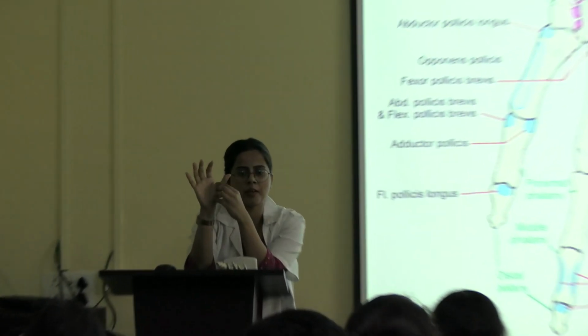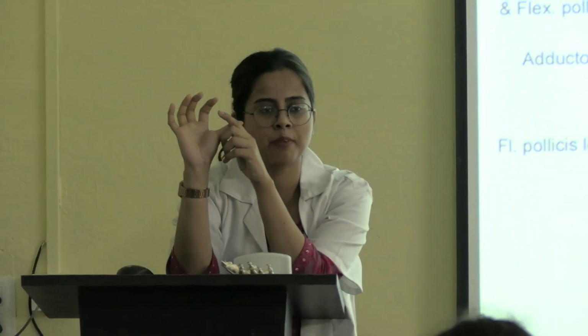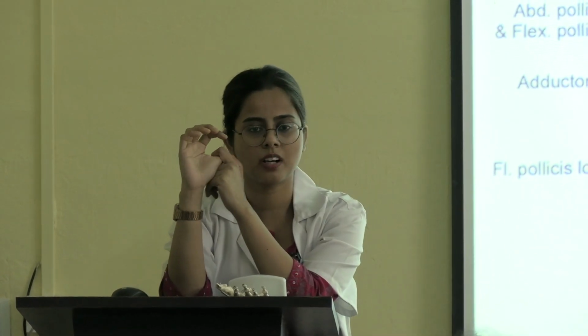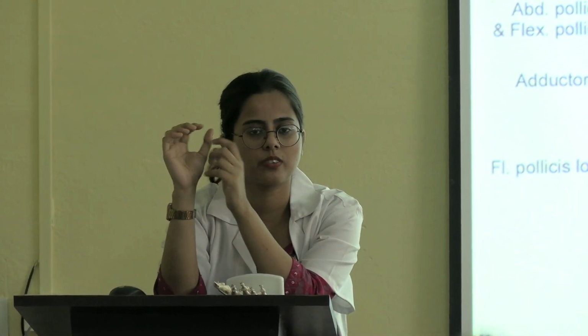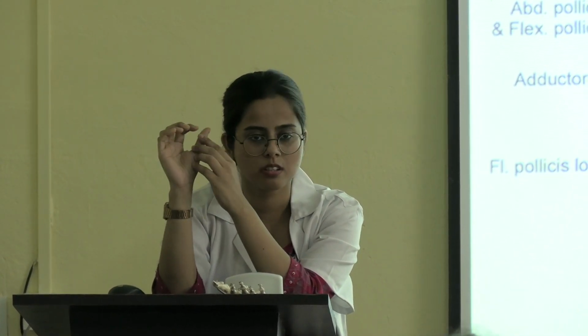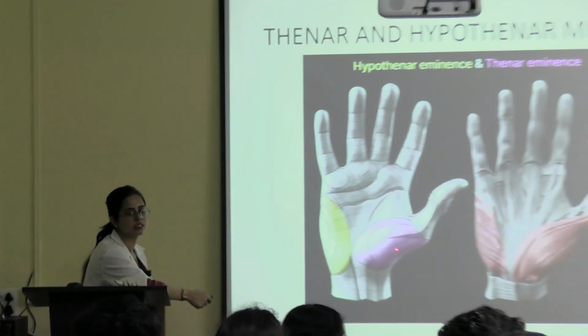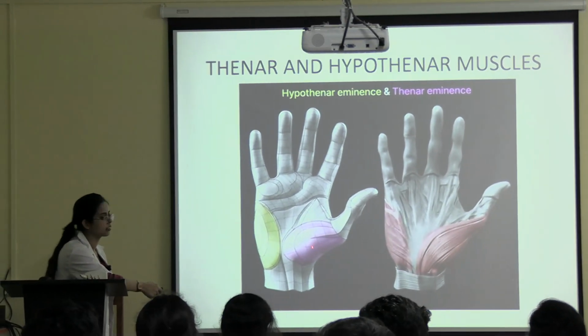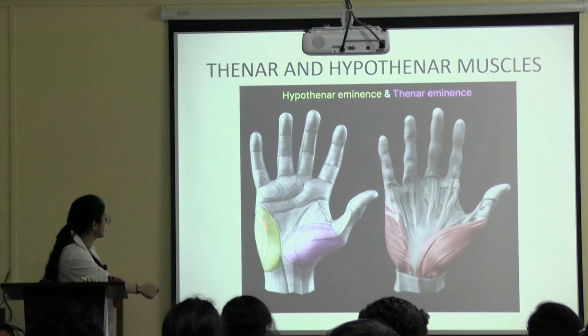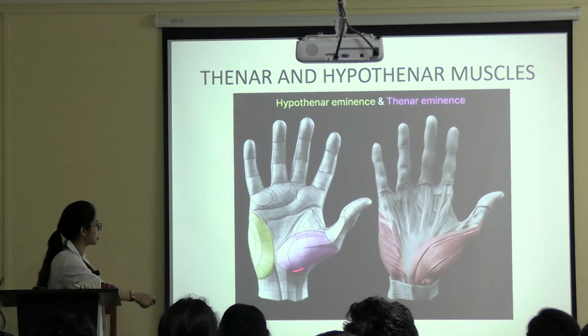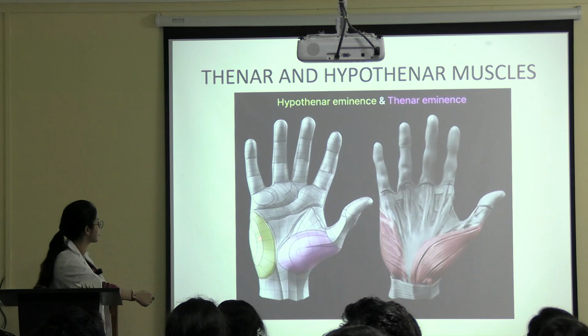What is the other name of the thumb? Like to name the muscle, we use that name. You have learned some of the muscles. What do you use? Pollicis. Okay. This one is hypothenar. Towards the thumb, on the side of the thumb, it is thenar. This is hypothenar.